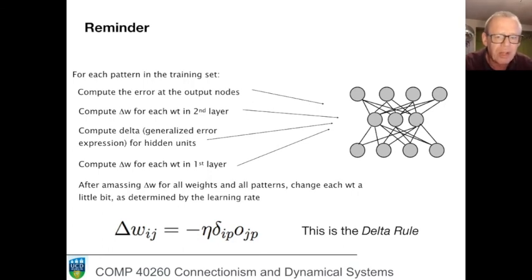So the perceptron had this stepwise linear function which is discontinuous, and therefore it doesn't have a well-defined derivative. Moving from a stepwise function to a smooth S-shaped function allows the tools of calculus, simple calculus tools, to be applied, and allowed for the backpropagation algorithm to be developed, which was released then with the parallel distributed processing books in 1986.